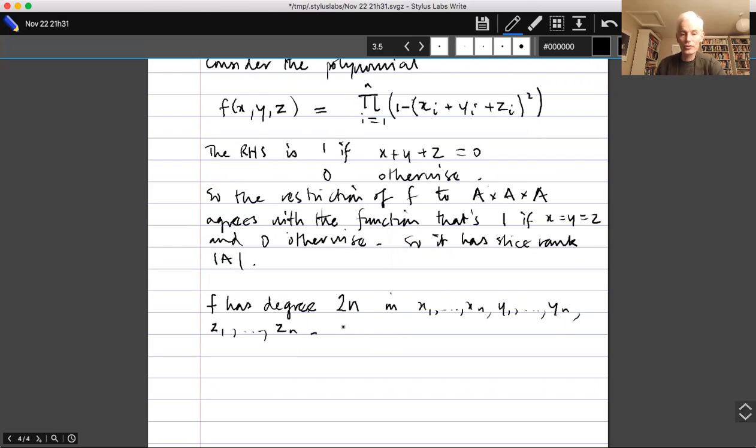It also has degree at most 2 in any one variable.